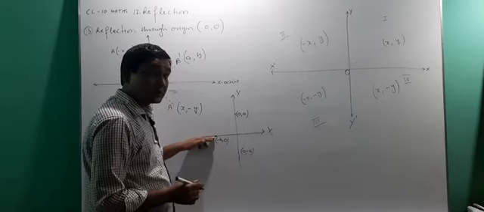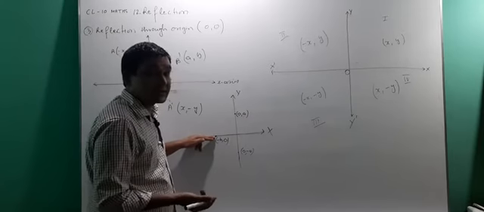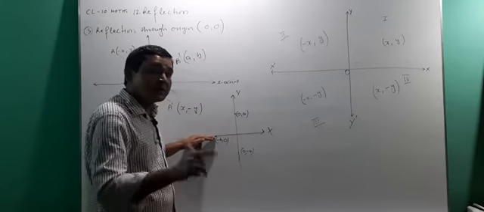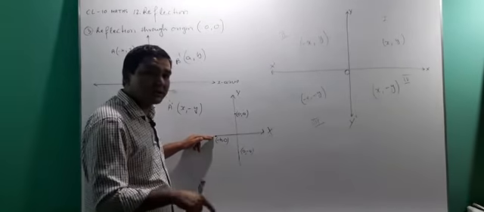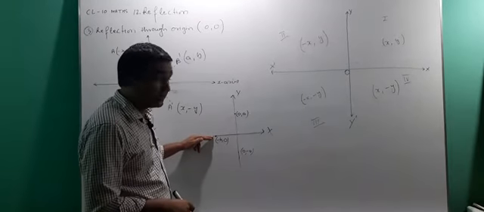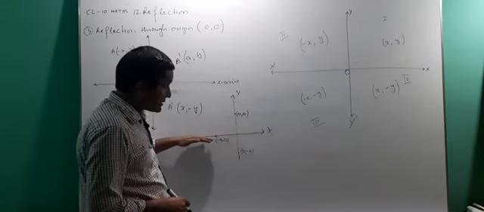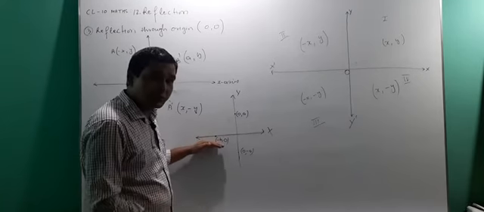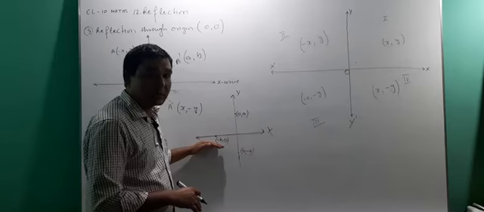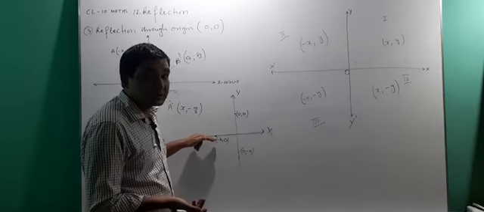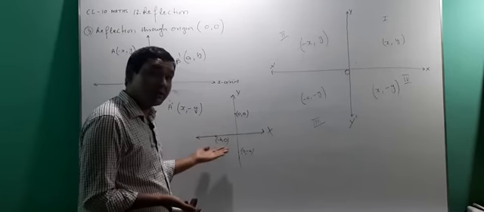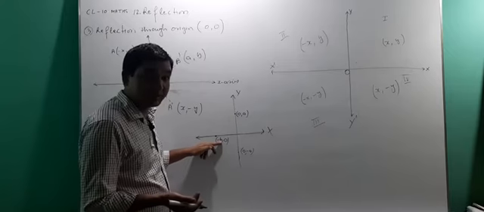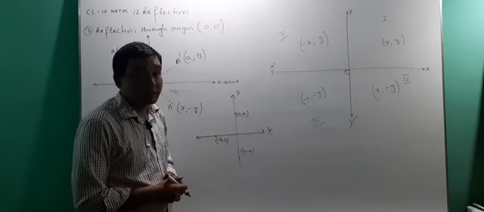If it is again reflected through the x-axis, the coordinates of the image remain the same. The image is there itself, so the coordinate of the image is the same. That's why this point is called an invariant point.